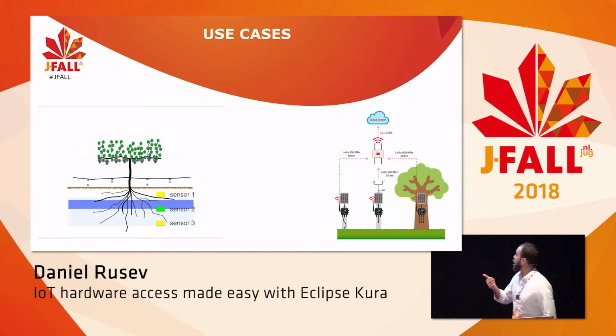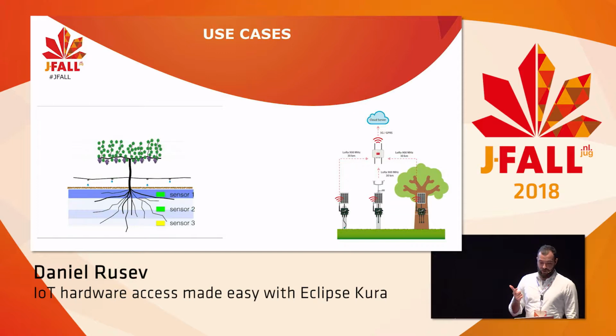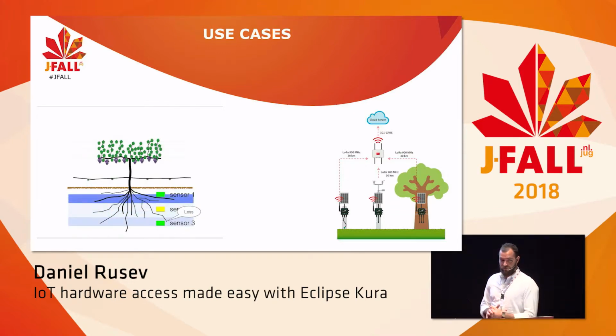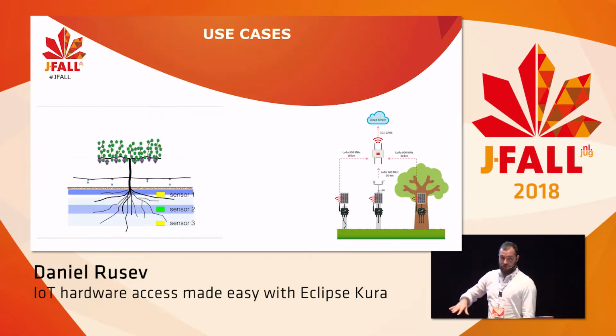The technology that we used has a lot of sensors for soil humidity at different levels, so you can see how this works. We measure where the water is when we're watering the plants, and when it reaches sensor number 3, we cut it.